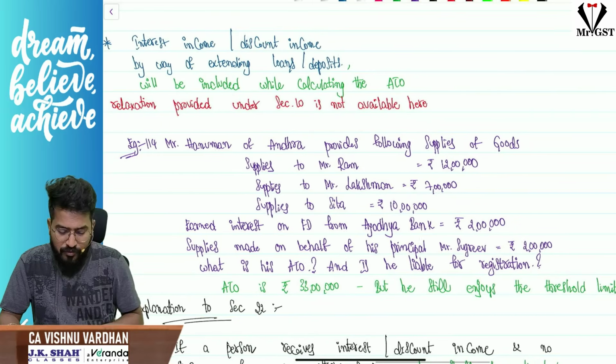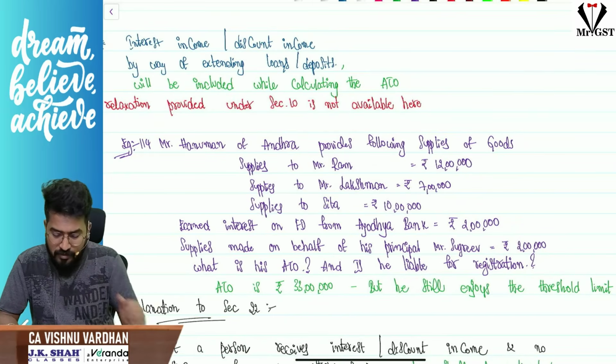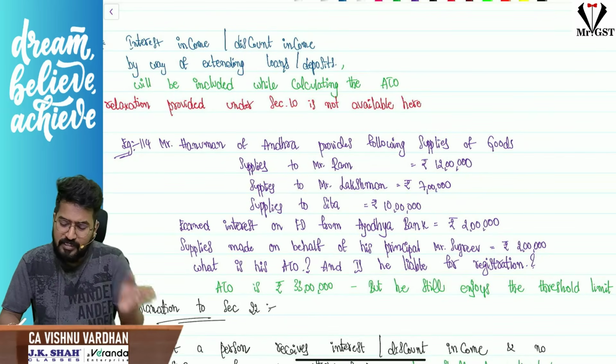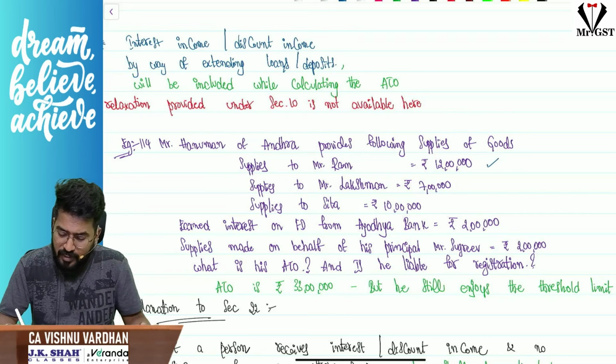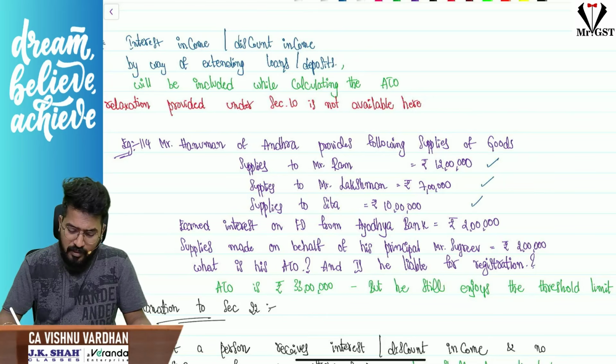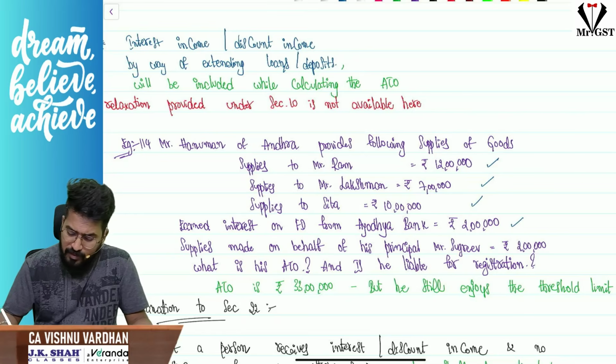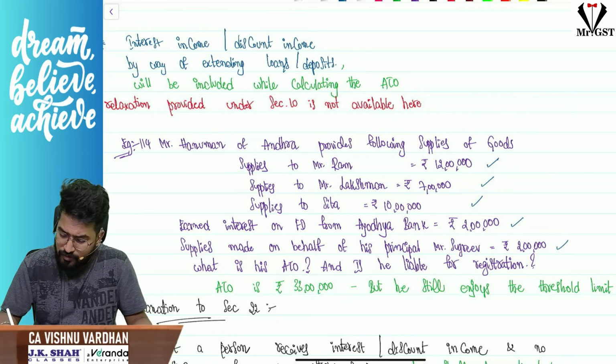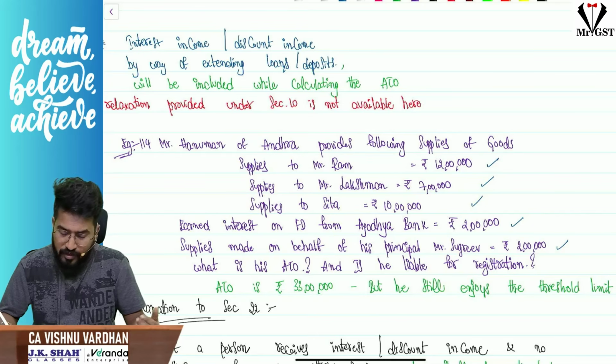Now if you see, Mr. Hanuman of Andhra Pradesh provides the following supplies of goods. He made supplies to Mr. Ram, 12 lakhs, to Mr. Lakshman, 7 lakhs, to Sita, 10 lakhs, and he earned interest on fixed deposit from Ayodhya Bank, 2 lakhs, and made supplies on behalf of his principal, Mr. Sugriv, 2 lakhs. What is his aggregate turnover, and is he liable for registration?